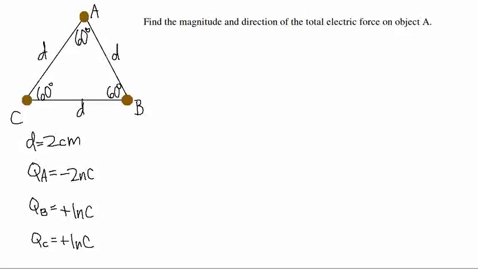So between A and B, there's an attractive force. So I'm going to draw an arrow towards B. Between A and C, there's also an attractive force, so I'm going to draw an arrow towards C. And let me denote the force contribution from object B as F sub AB, and let me denote the force contribution from object C as F sub AC.